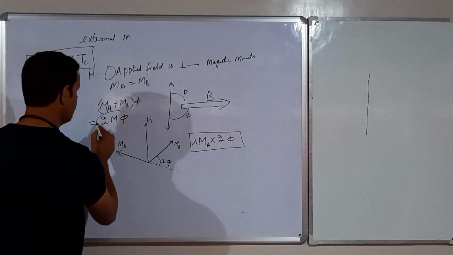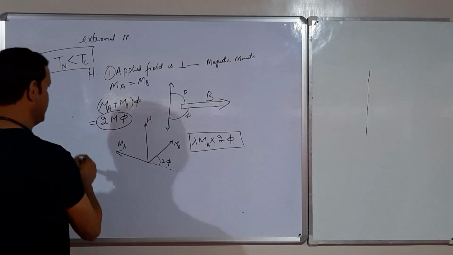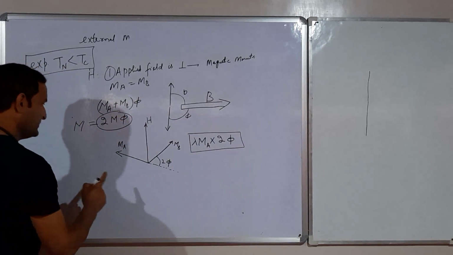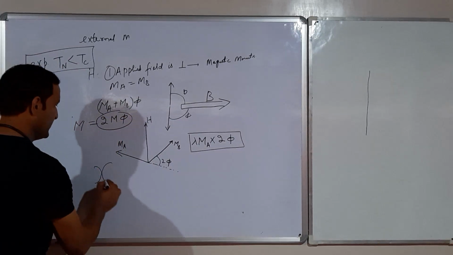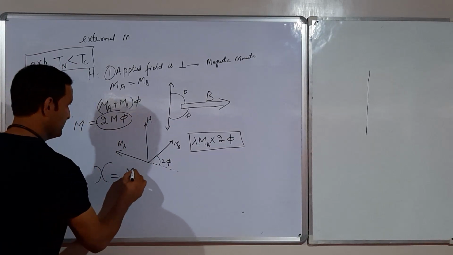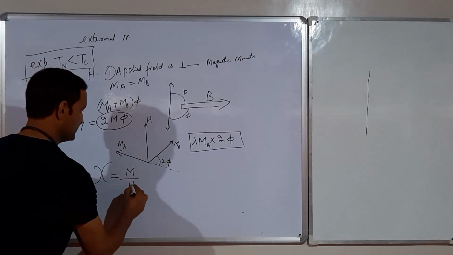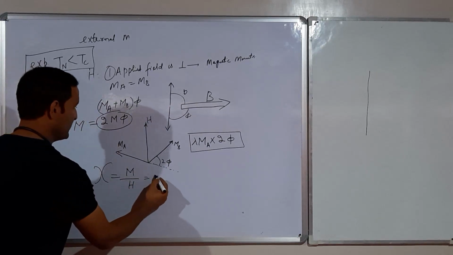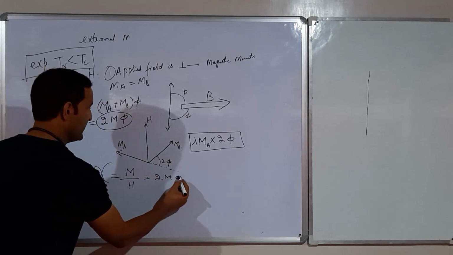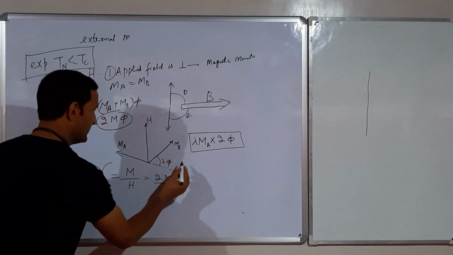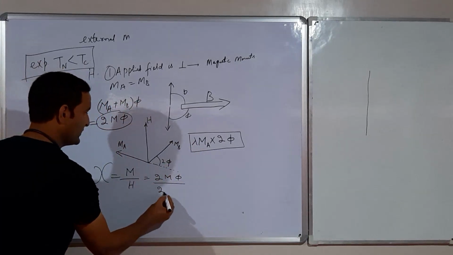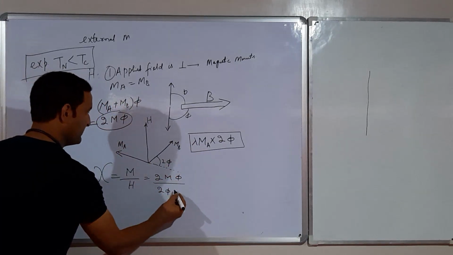This is M. Therefore the susceptibility chi will be equal to M upon H, so this will be twice M into phi divided by, here M equal to Ma, twice phi into Ma.